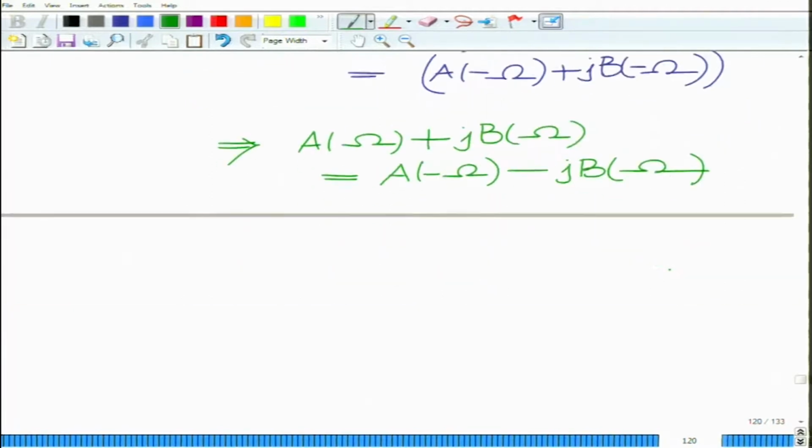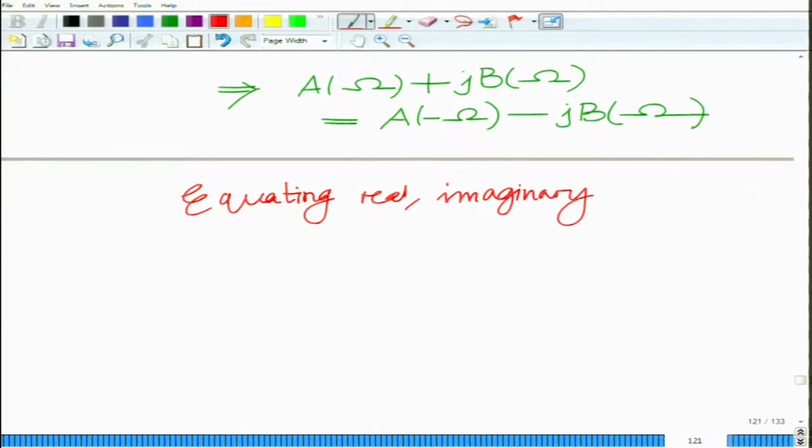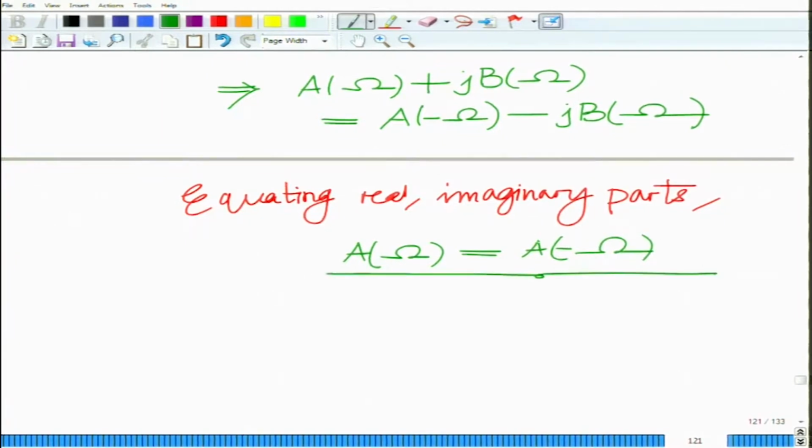Now, equating real and imaginary parts, we have A(omega) equals A(minus omega), which implies A(omega) is an even function.